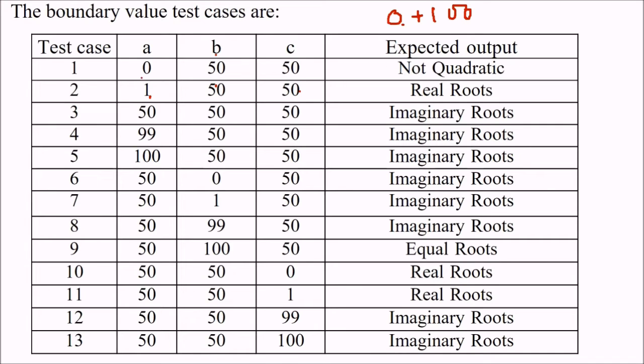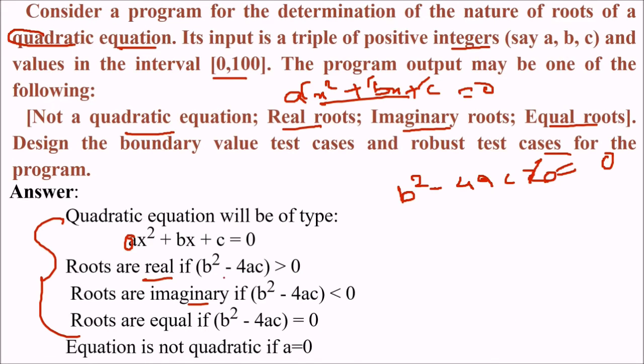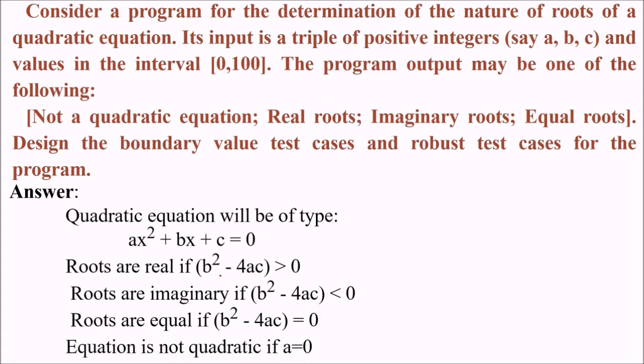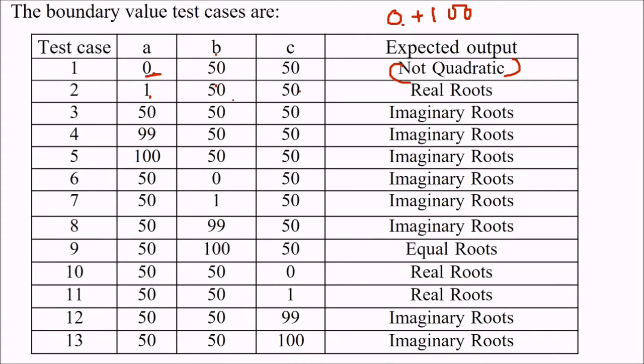Because we want to take certain values so that the result is not a quadratic. This is only possible when you have this sort of combination, as we have just seen. It is not quadratic if a is equal to 0. So we are placing a equal to 0, and b and c are the values which are in between 0 to 100. That is why we have taken this value.